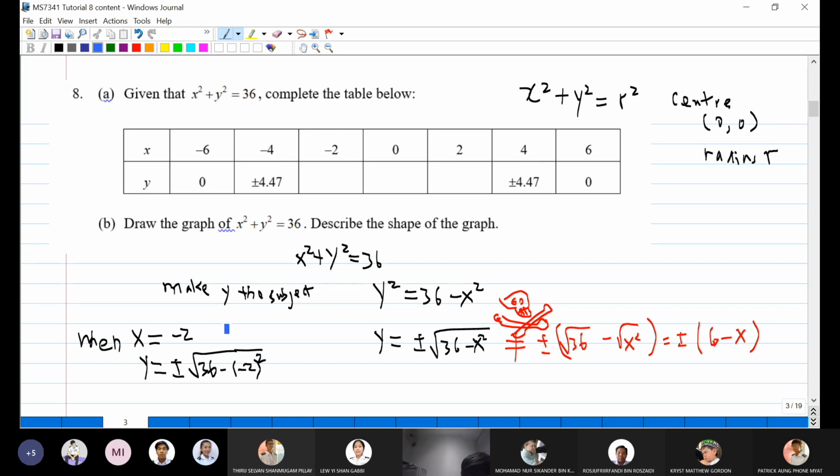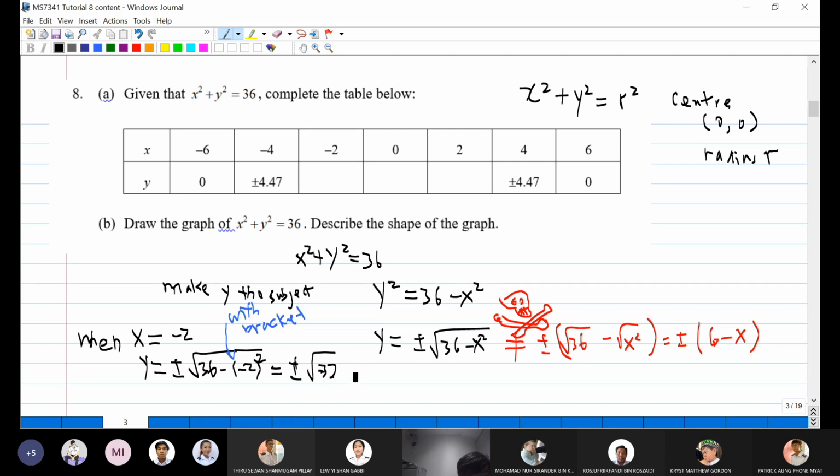With the bracket, because some of you always have problems with brackets in the calculator, otherwise you get the wrong answer. So this will give you plus or minus square root of 36 minus 4, which is 32 now.